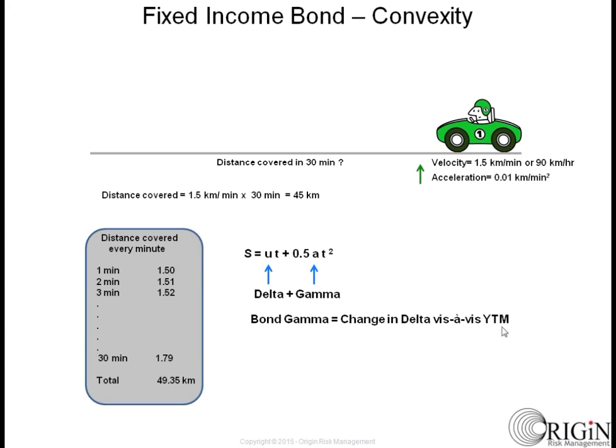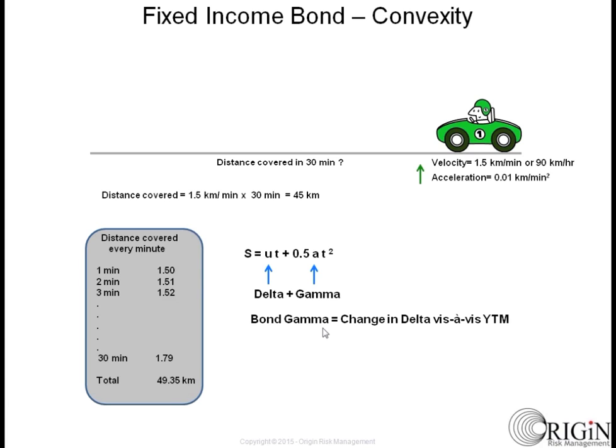We need to know the gamma, else our ability to figure out the impact of a larger movement in the value of YTM on the bond price will be similar to trying to find out how much distance the car will travel in 30 minutes, assuming speed is constant at 1.5 km per minute, even when you know there is acceleration. So that is gamma or the bond convexity.